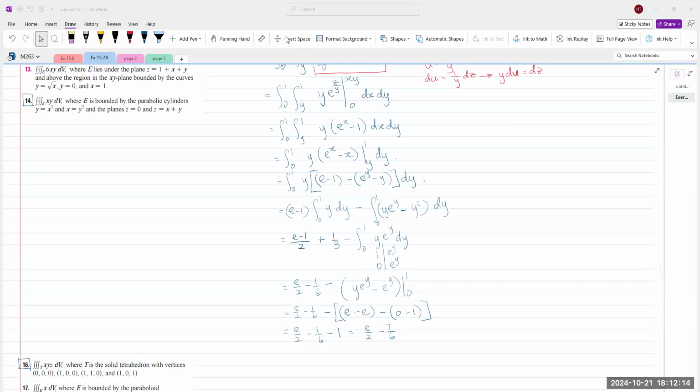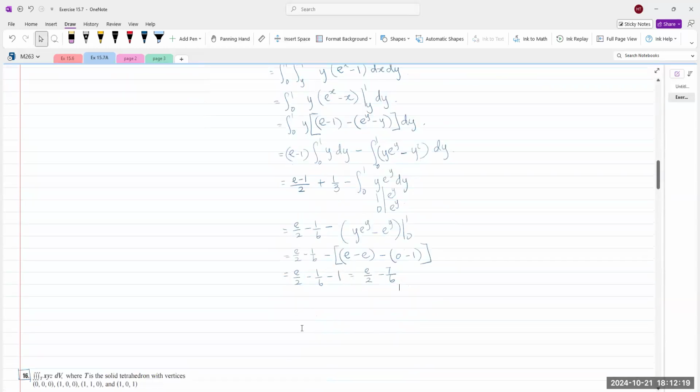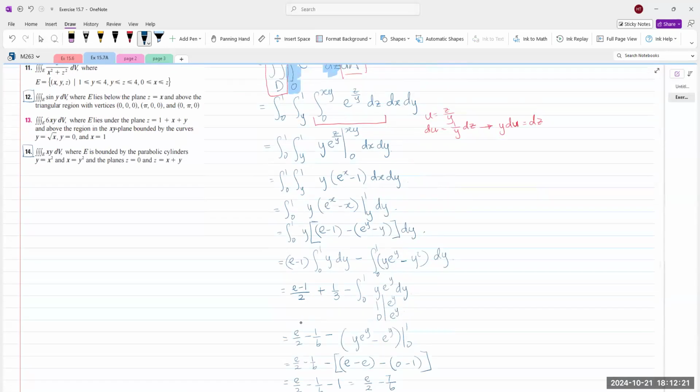Okay, let me go on with number 12. Let me give myself some space. Number 12. Okay, we have the triple integral over domain E of sine y dV.